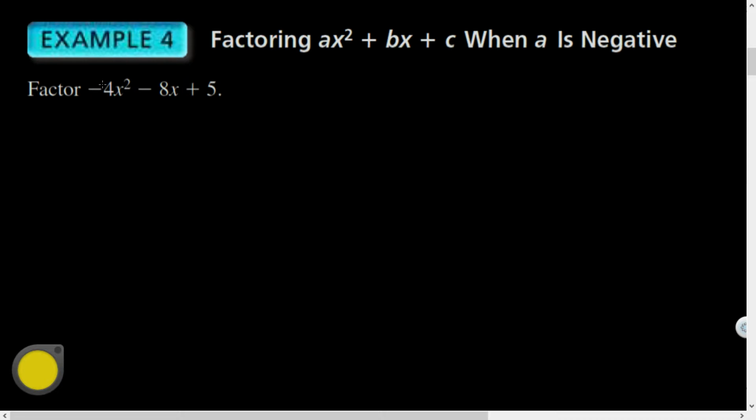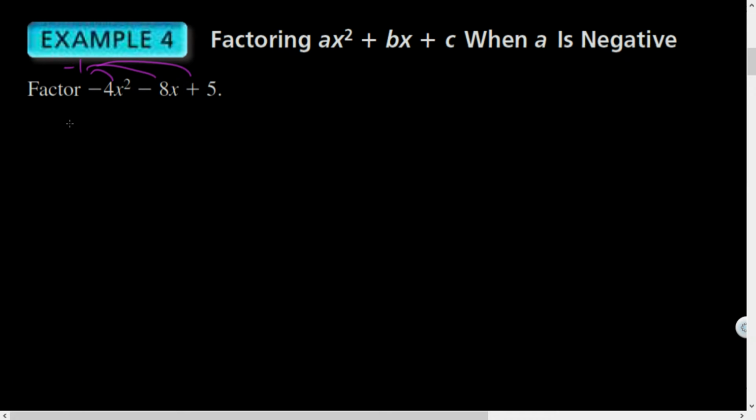So one of the things to be aware of here is that this has a minus sign in the beginning, in the leading term. The way I'm going to deal with that when I see that happen, I don't like having a minus sign at the beginning. So I'm just going to steal a negative 1, right? 4, 8, and 5, they don't have anything in common, but I can take their minus sign.